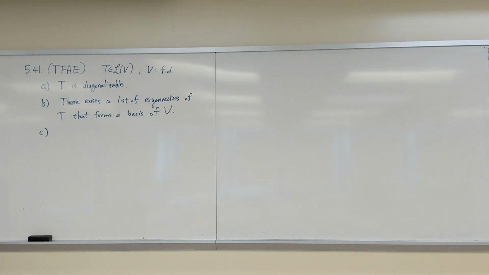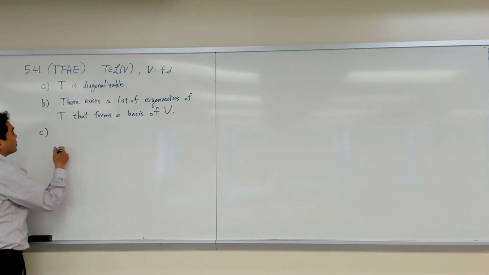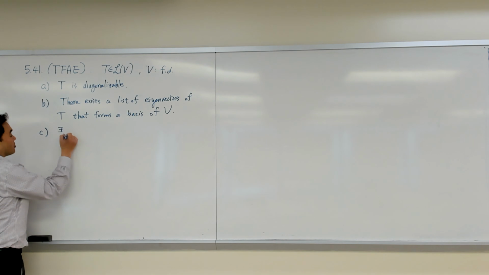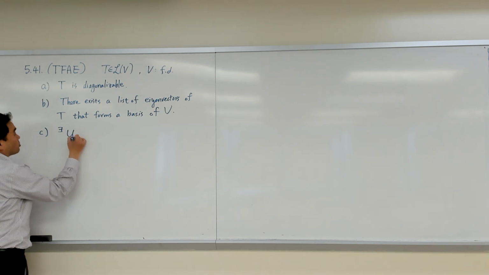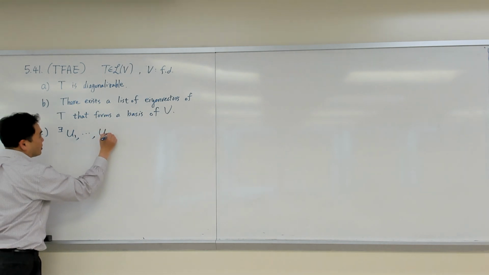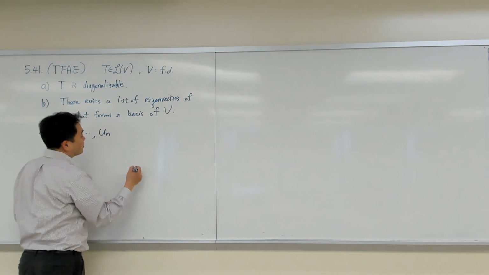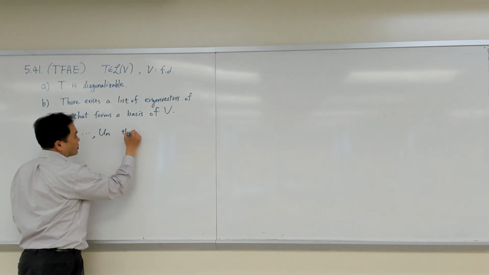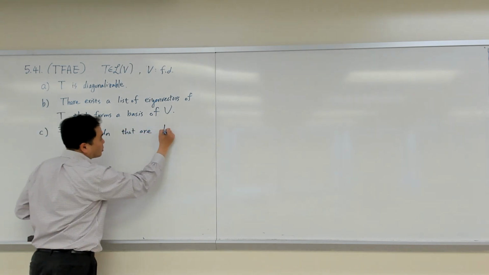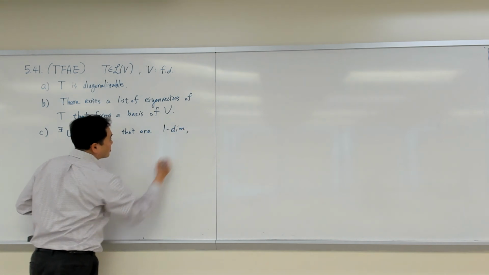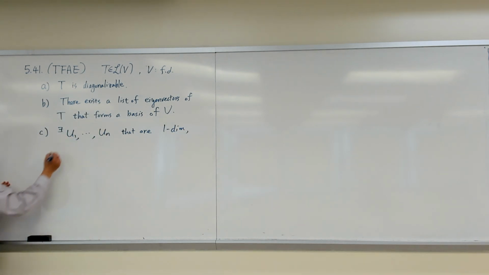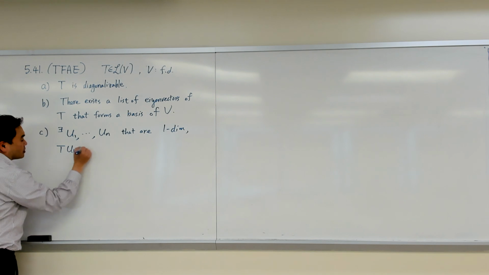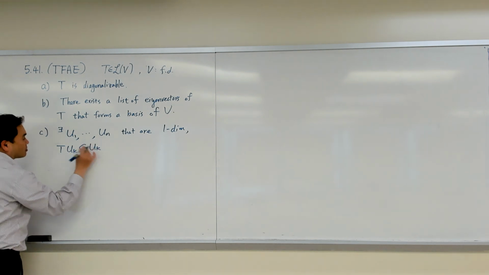And then there exists U1 through Un that are one-dimensional, T of Uk is inside Uk.